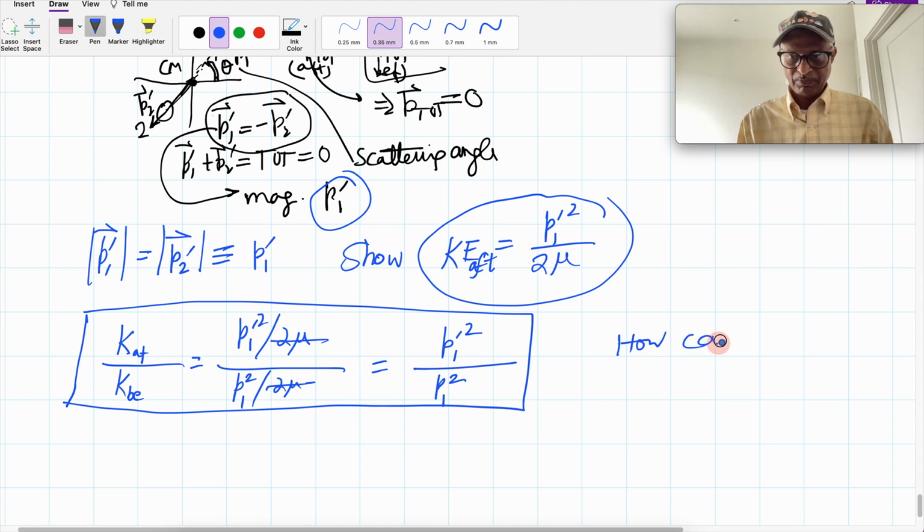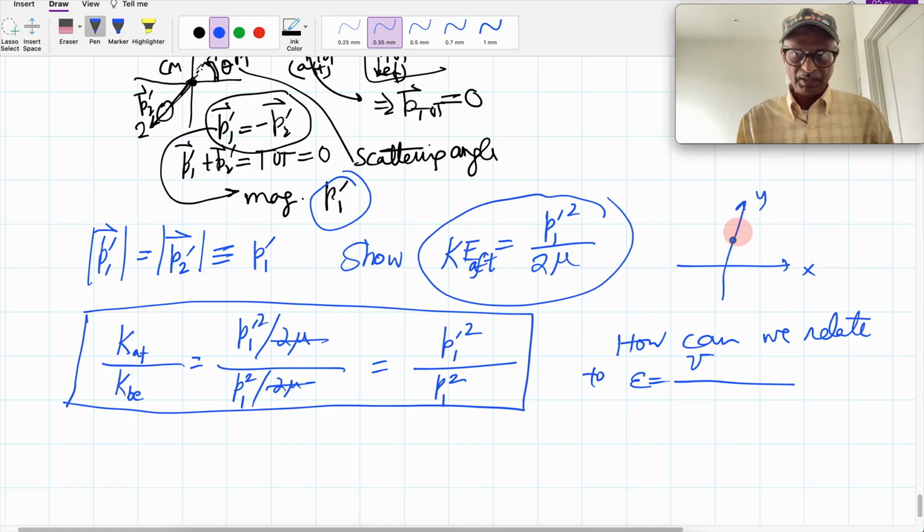How can we relate this to epsilon, which in our case, if this is x and this is y, and they were coming in this way, so the normal, v2 prime, so this is the normal direction, and this is the tangential direction for us.